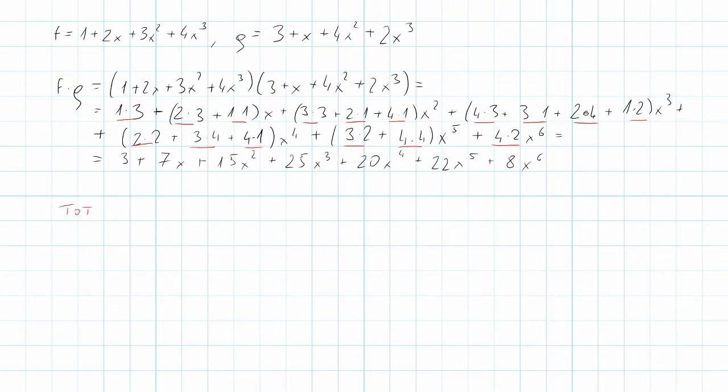Total of 16 products of coefficients. So the long multiplication, the standard way of multiplying polynomials that we learned at school, needs for just these two low degree polynomials, of degree 3, 16 products of the coefficients of the polynomials involved.